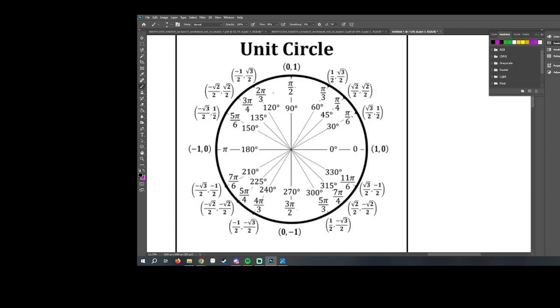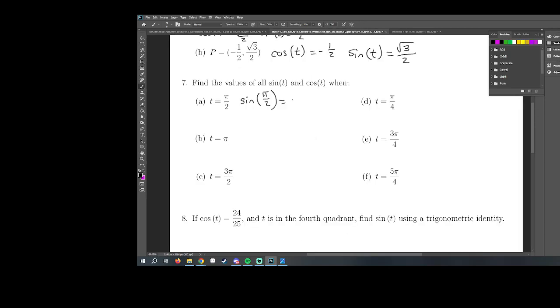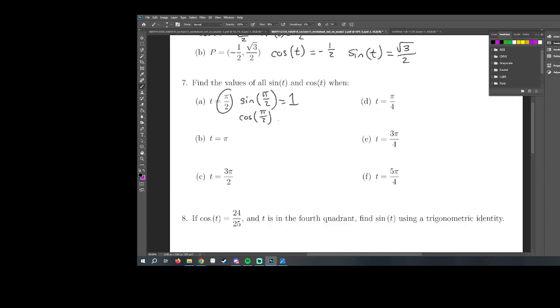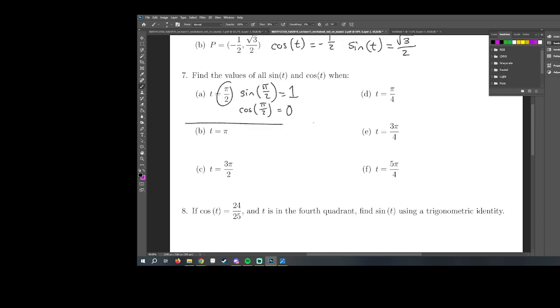And I ask, what is its y value, right? Because x equals cosine theta and y equals sine theta. So we want to know our y value if we want to know the sine. So that's 1 here, meaning going back here, sine of pi/2 is 1. Cosine pi/2 is the x value of that same point on the unit circle made by this pi/2 angle, this 90-degree angle. The x value of this point is 0, so my answer is cosine of pi/2 is 0. And now we move on. That's it. That's all you do for that problem.